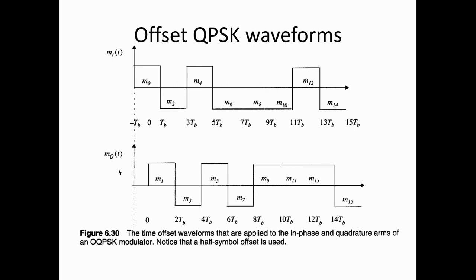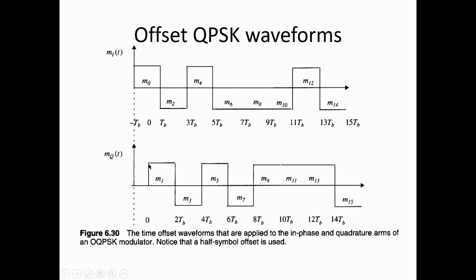Here we keep the in phase component as it is, and we introduce some delay in the quadrature phase component. Look at the diagram here. The in phase component will start at the point minus TB, so at 0, but for the quadrature phase component, we are providing some delay. After some delay, the signal will start.